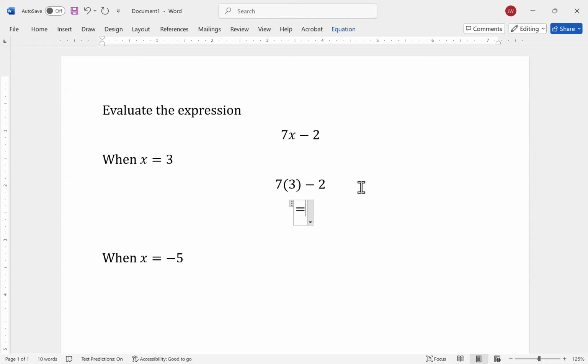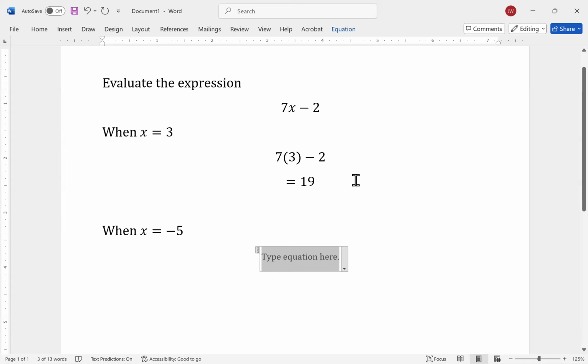And then I can either type that expression into my calculator, or I can do order of operations by hand and get a 19. We'd have to multiply 7 times 3 is 21, and then subtract 2 to give me 19. With the next one, we can evaluate that same expression if the variable takes on the value of negative 5. So we'll have 7 multiplied times negative 5, and then I subtract 2.